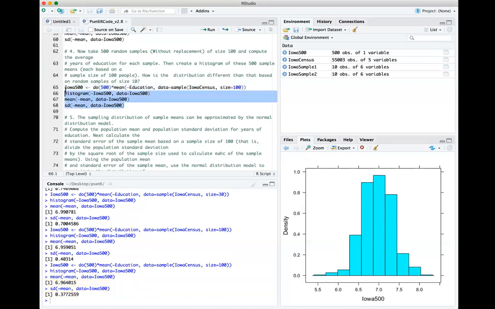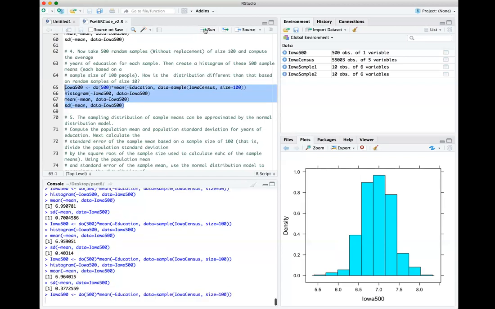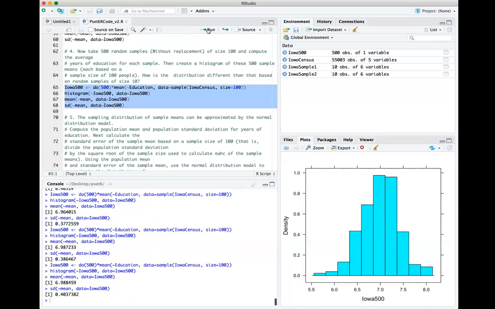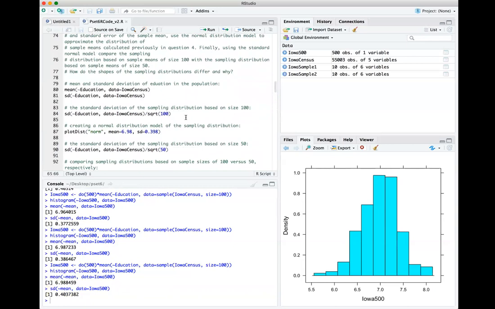So as you can see, sampling distributions vary, but they have some interesting properties, which is that as long as you take random samples, the larger the sample size, the smaller the variability in the point estimates. And no matter how large you get, let's even make this larger.